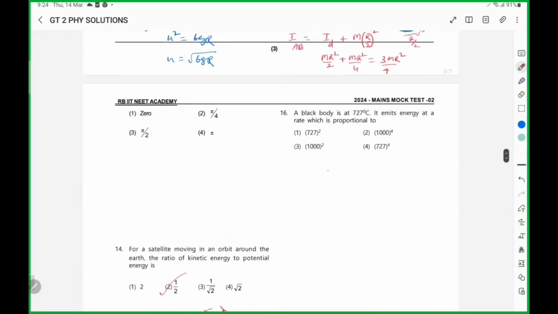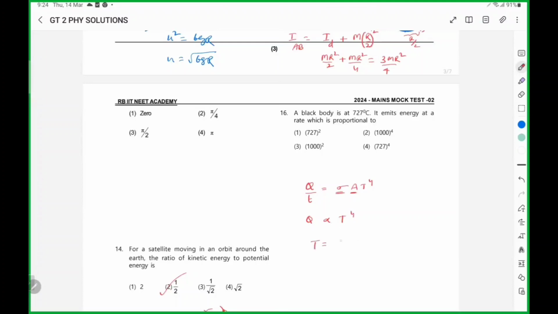So a black body radiator is at 727 degrees. It emits energy. So amount of energy radiated per second by Stefan's Boltzmann law, sigma is Stefan's constant. So here Q is proportional to T power 4.